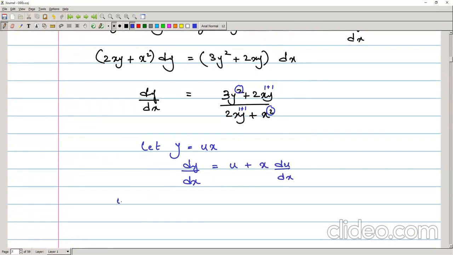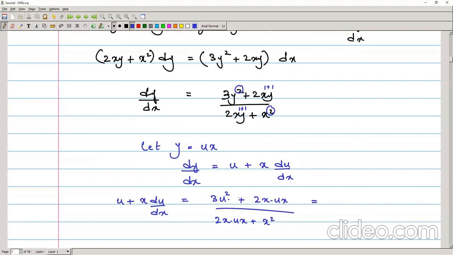So in place of dy over dx, we can write u plus x du over dx, and it's equal to 3u squared plus 2x times ux divided by 2x times ux plus x squared.